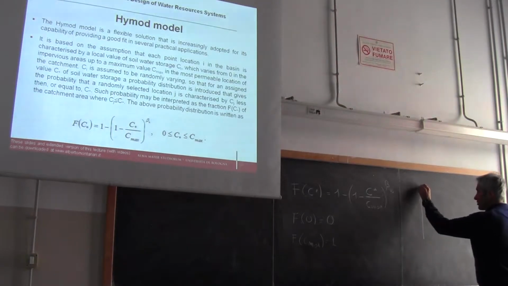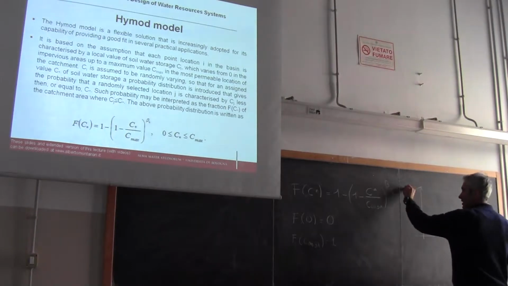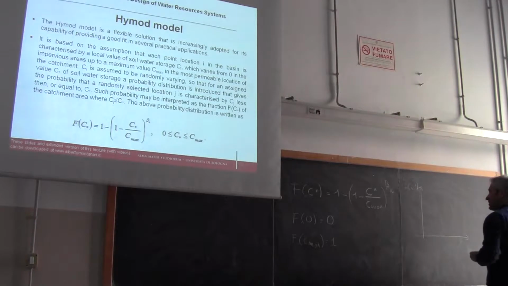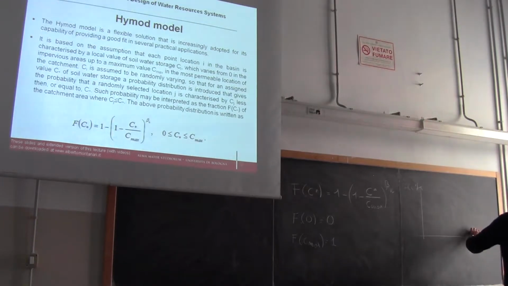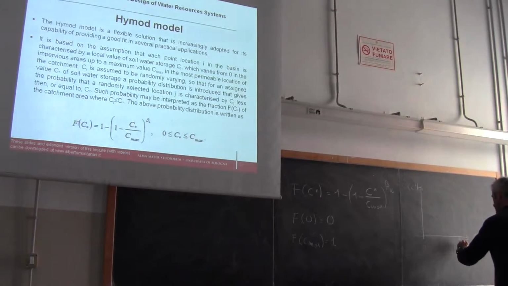So in order to draw it, we have to draw over a graph f c star in the ordinates and c star in the abscissa. C star is varying from 0 to C max.